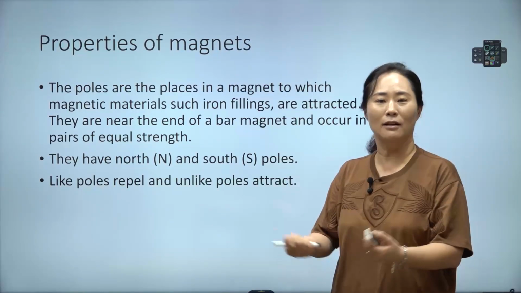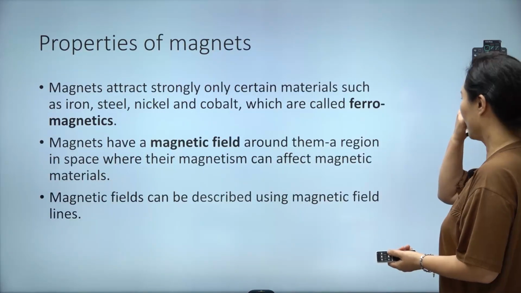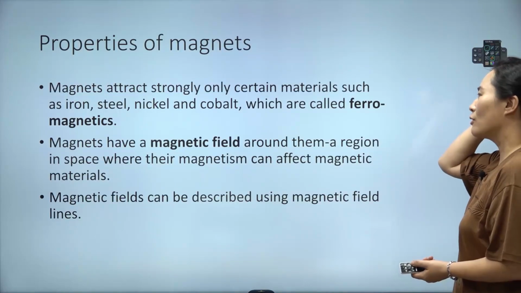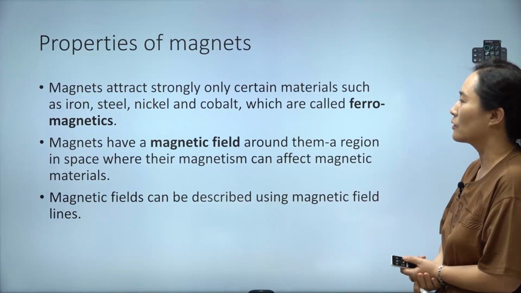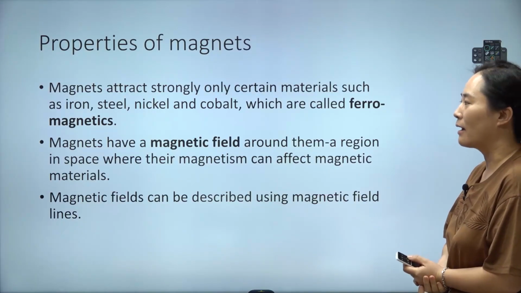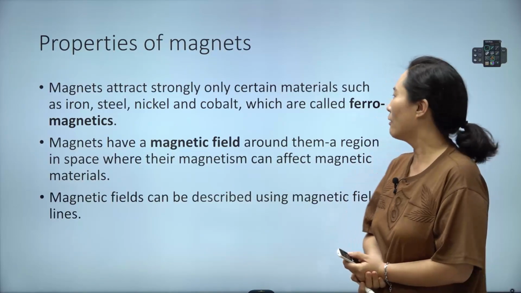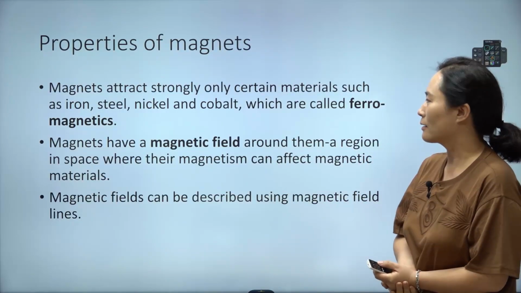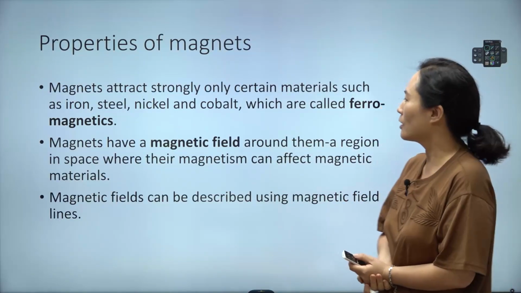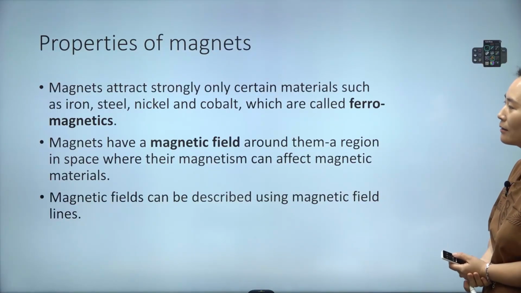They attract each other and eventually stick together, right? So that's a magnet. Magnets attract strongly only certain materials such as iron, steel, nickel, and cobalt, which are called ferromagnetic, okay? So not all metals are attracted to a magnet. These are the materials that are attracted to a magnet.